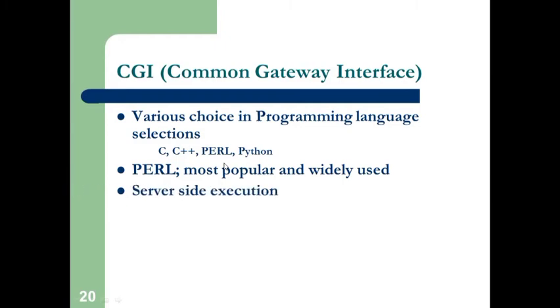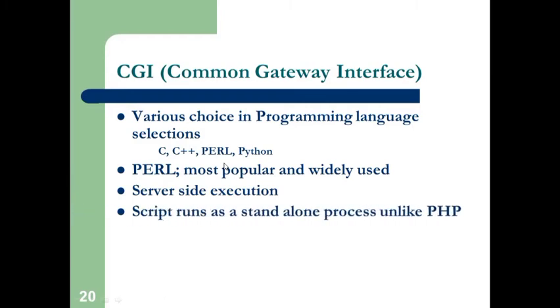This is also a server-side gateway interface which provides server-side execution. The script runs as a standalone process, unlike PHP. The script runs in a separate process, turn by turn, whereas PHP is not a standalone process.